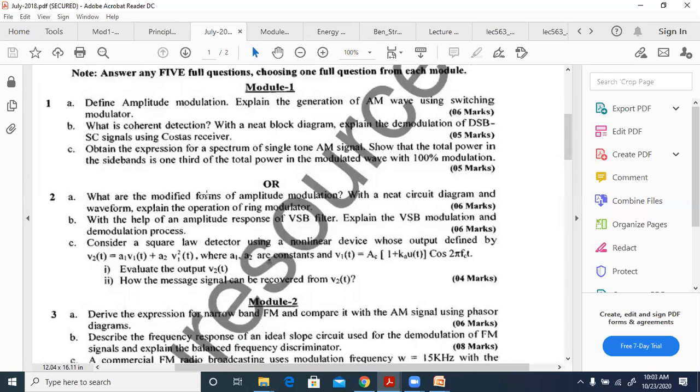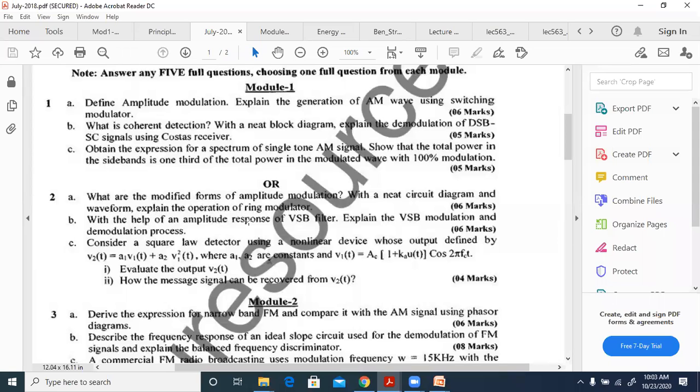Then the second question: what are the modified forms of amplitude modulation? You need to write DSB-SC, SSB, then VSB, all that very briefly, and then write a circuit diagram. You just need to list AM, then DSB-SC, then SSB, and then VSB. All this you need to list. Then you have the ring modulator here, that has to be explained.